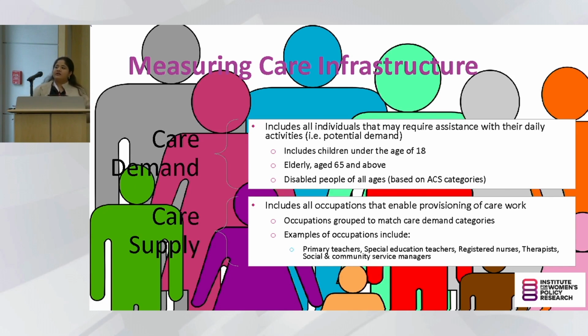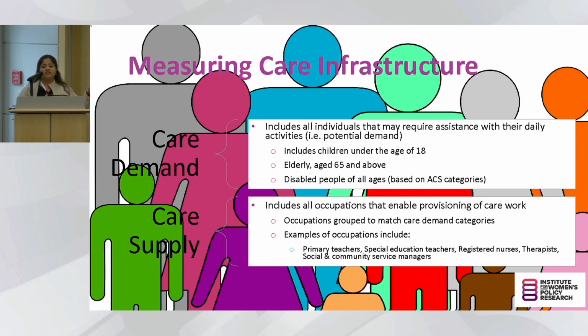In the first sense, when we look at care demand, we're looking at the potential demand. In that context, we're including all individuals who may require assistance with their daily activities. The reason I say that we're looking at this as potential demand, as opposed to an accurate representation of overall demand, is because we break it down into three categories.